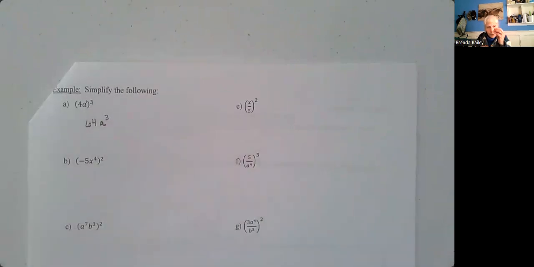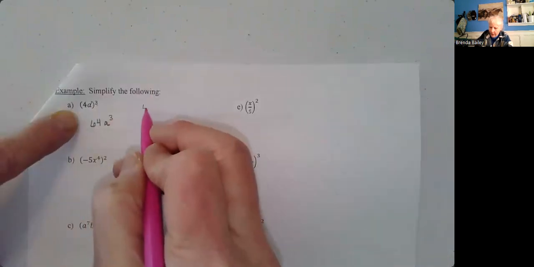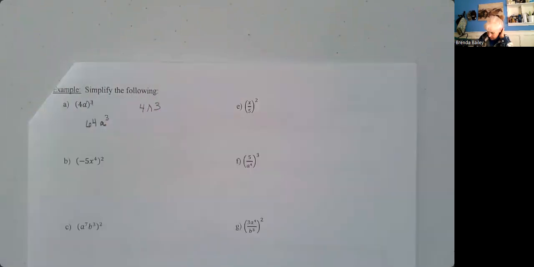So 4 cubed, again, it can be done on your calculator using your caret key if you have a scientific calculator. And that would tell you that you get 64. And then you just multiply these powers here.